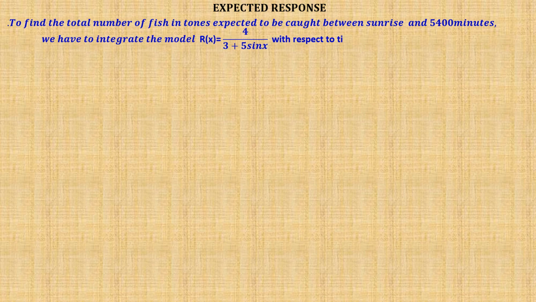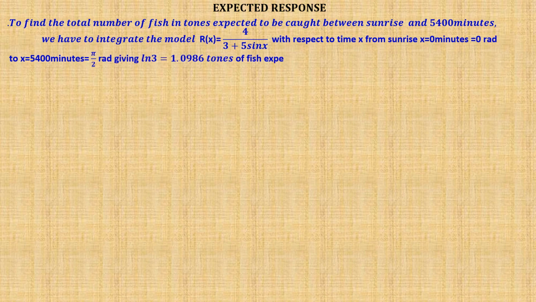Expected response for this one. For us to find the total number of fish in tons expected to be caught between sunrise and 5,400 minutes, we have to integrate the modeled function, which is 4 over (3 + 5 sin x), with respect to time x, from sunrise x = 0, which we shall convert to radians as 0 rad, to x = 5,400 minutes, which is ultimately 90 degrees, and guess what?